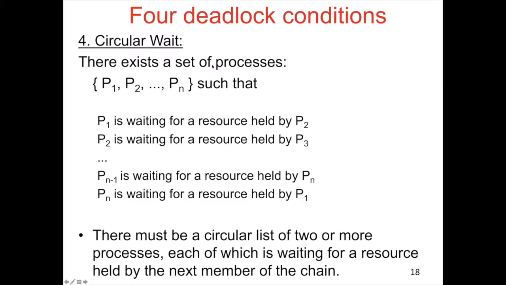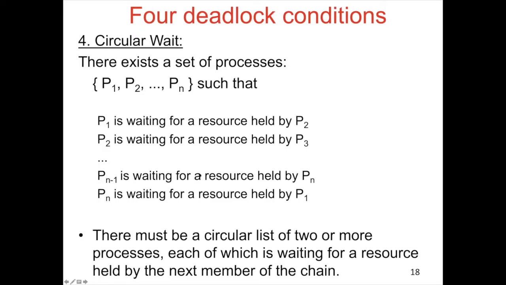There exists a set of processes P1, P2 up to Pn such that P1 is waiting for a resource held by P2. P2 is waiting for a resource held by P3, and this is going on similarly for the other processes up to Pn-1.